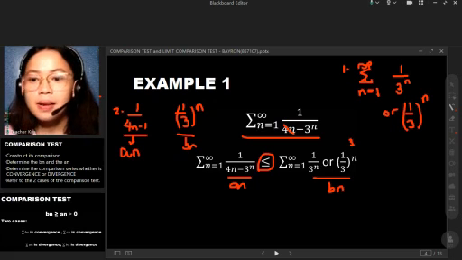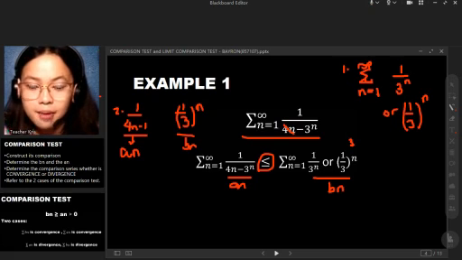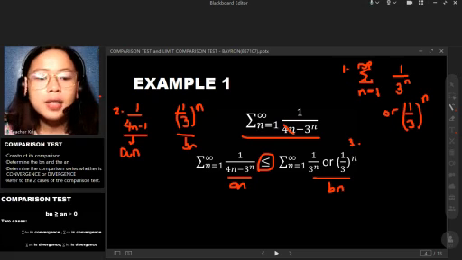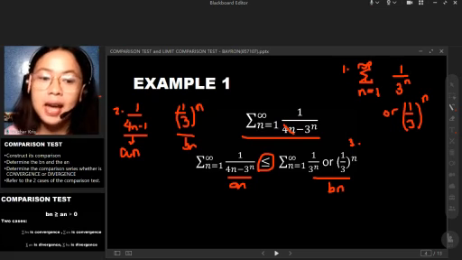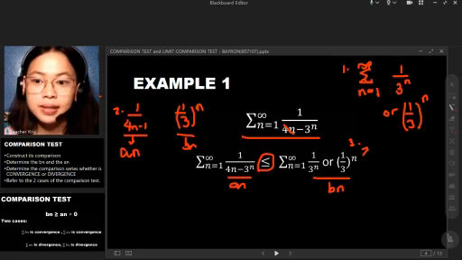So our comparison series was 1 over 3 raised to the power of n. As you can see, 1 over 3 raised to the power of n is a geometric series.